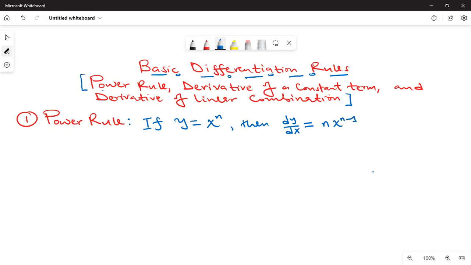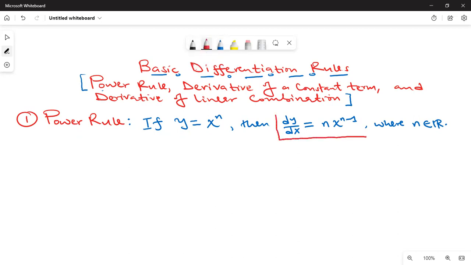I told you dy dx is the same as f prime of x, so they're the same. Here, n is a real number. So n belongs to the set of all real numbers. Remember, real numbers are from negative infinity to positive infinity. So this is what you are calling the power rule of differentiation.